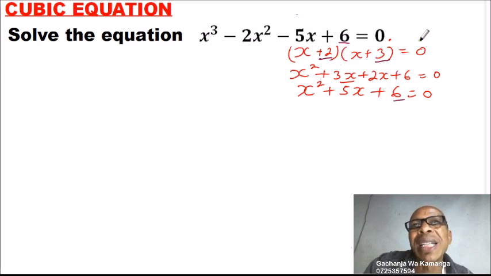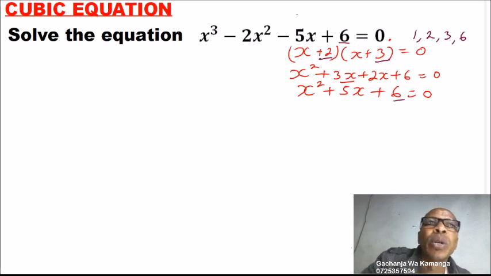We can see that 2 and 3 are factors of 6, meaning the numbers forming the factors of this equation should have a product of 6. So the factors could be 1, 2, 3, or 6. It could be 1 times 6 or 2 times 3, which is equal to 6.